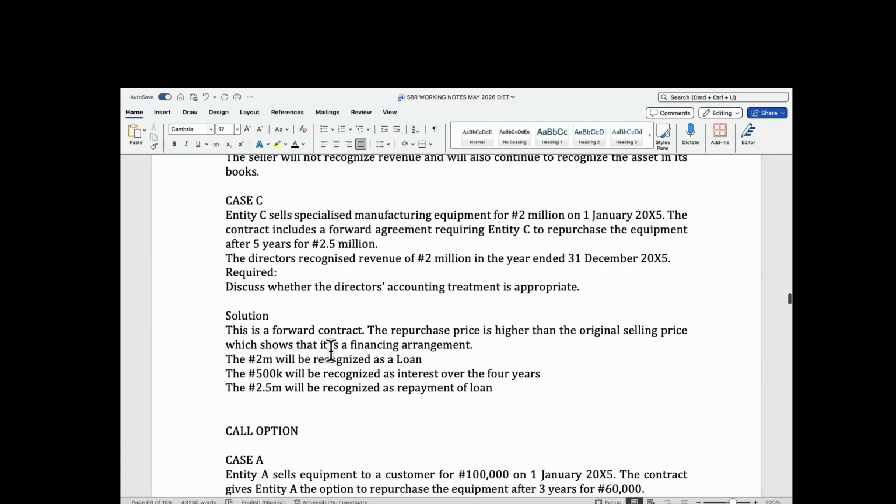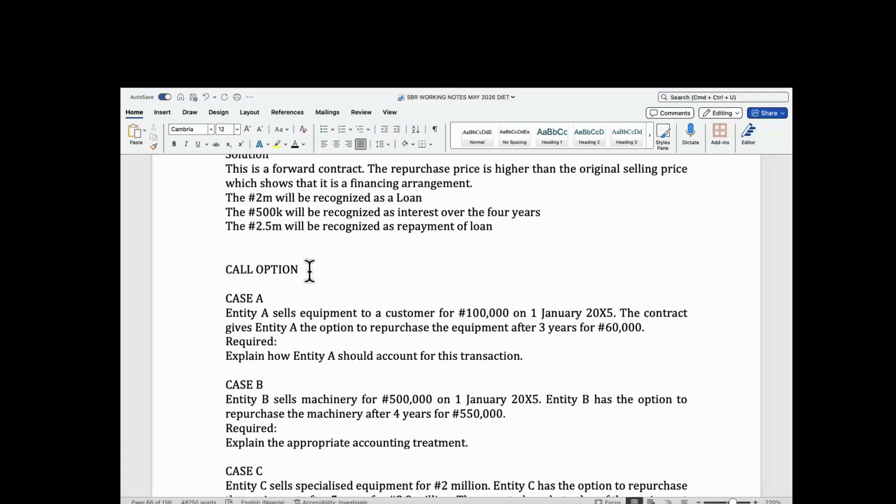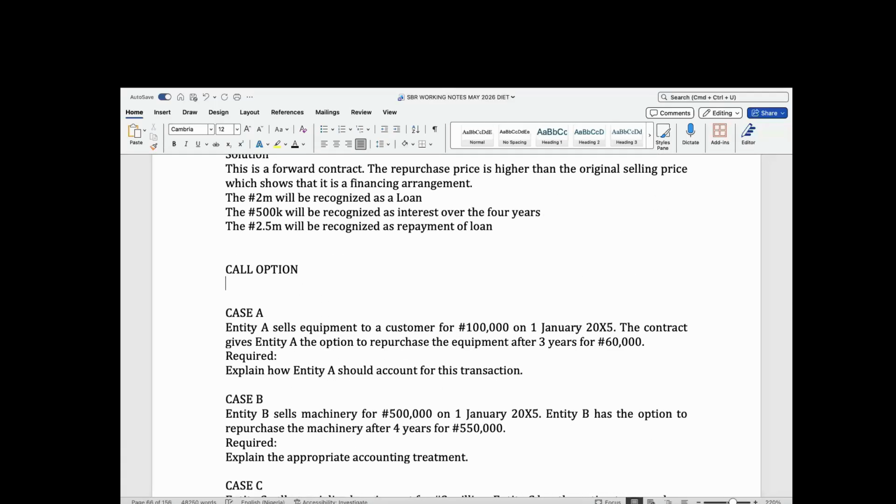Then the second one is call option. Here, the seller has the right to repurchase.